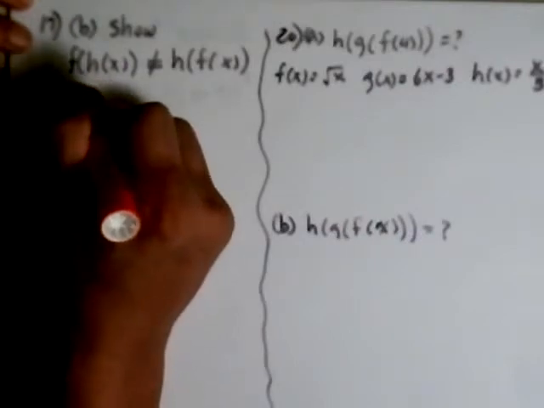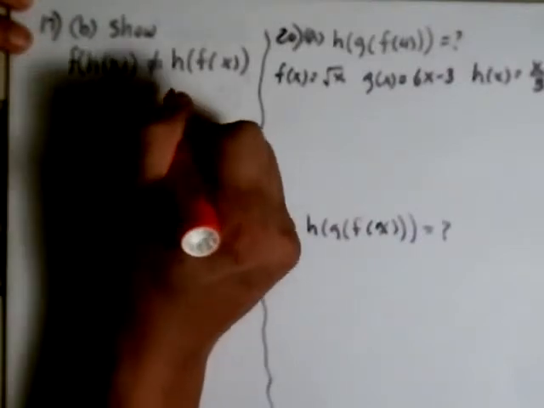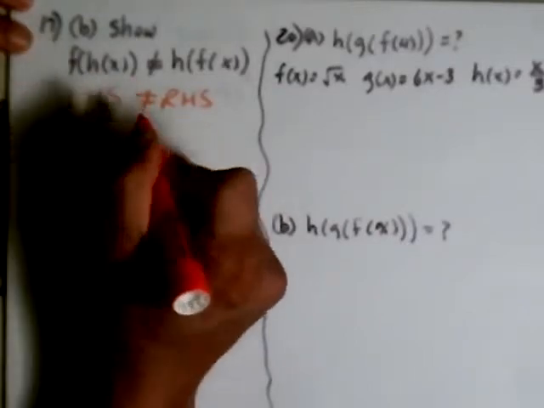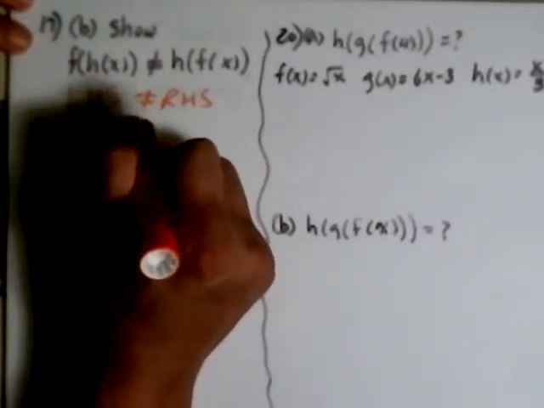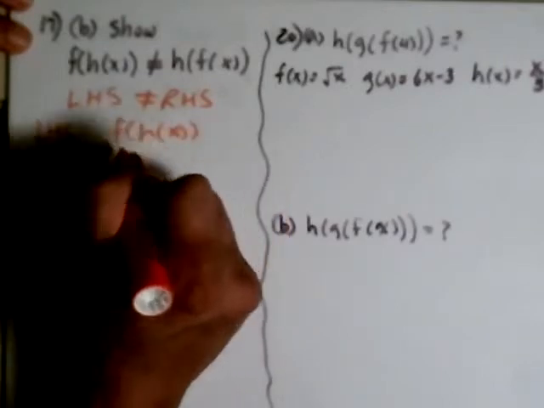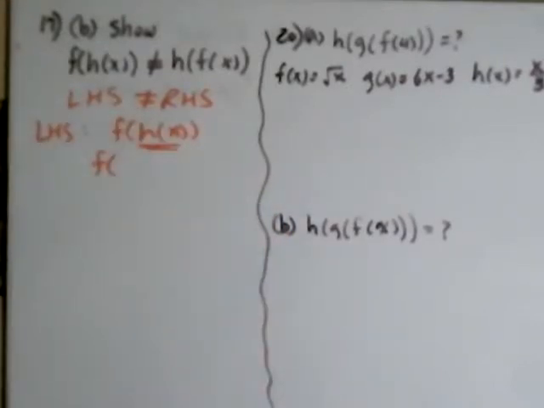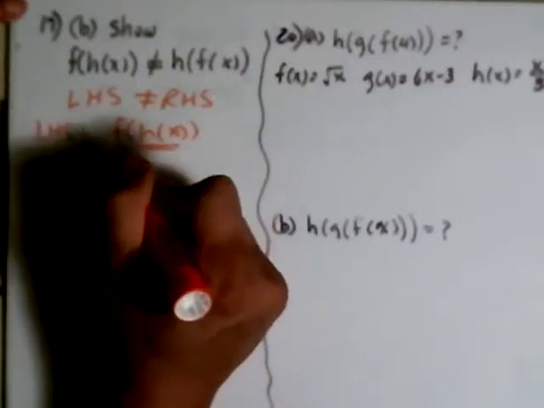Show that the left-hand side does not equal the right-hand side. Left-hand side is f of h of x. We start with the inside, h of x. What was h of x? It's 3x plus 2.